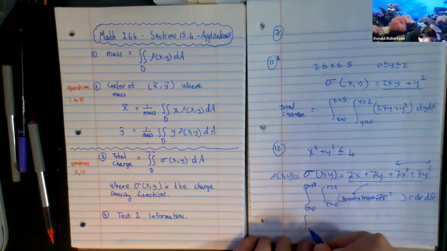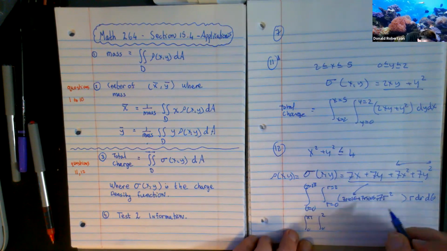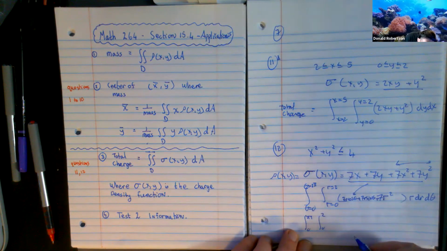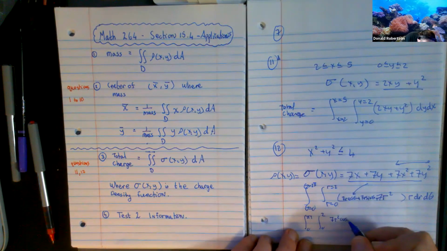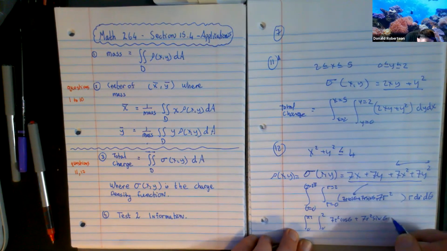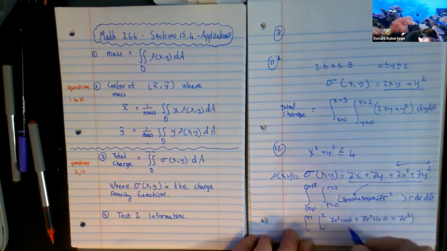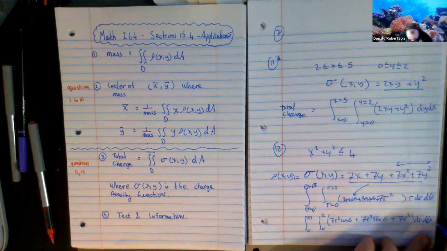And from 0 to 2 pi, from 0 to 2, distribute the whole darn thing out. What do you get? You get 7r squared cos theta, 7r squared sin theta, and 7r cubed, a dr, a d theta, right?